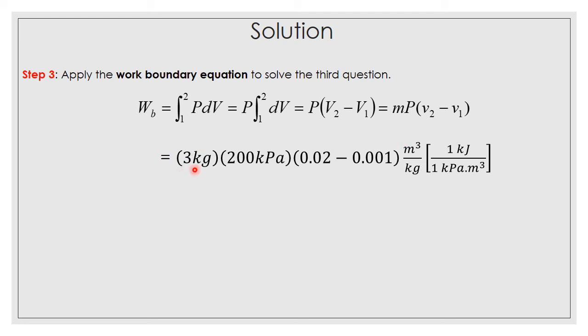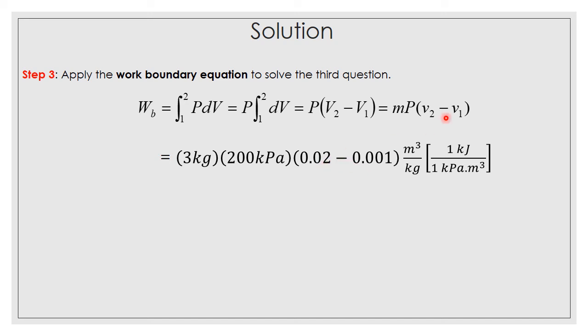Mass 3 kg from the question, and P at the initial state 200 kilopascal. The specific volume at state 2 is 0.02, and then V1 is 0.001.